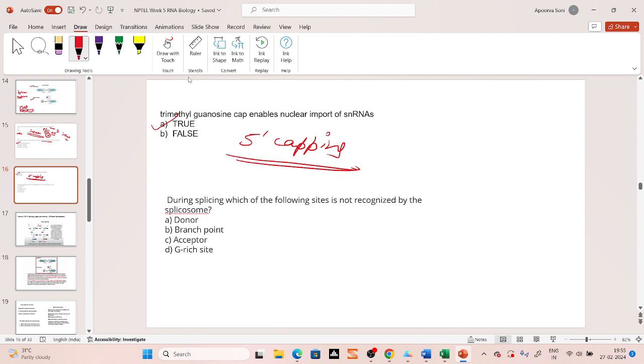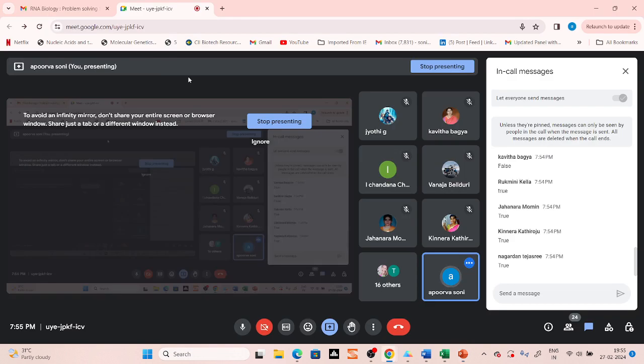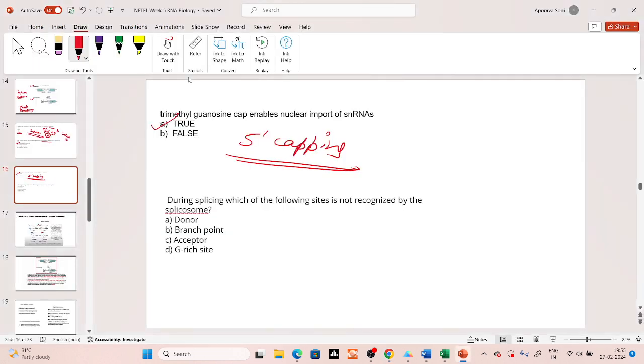Tell me. Tejasri has also written two, it's right. Yeah, think and answer. I'm giving you 1 minute. Try to think and answer the question.